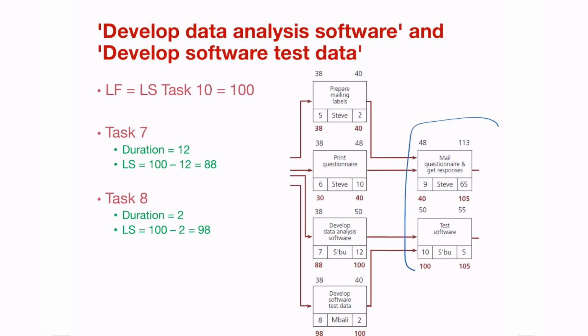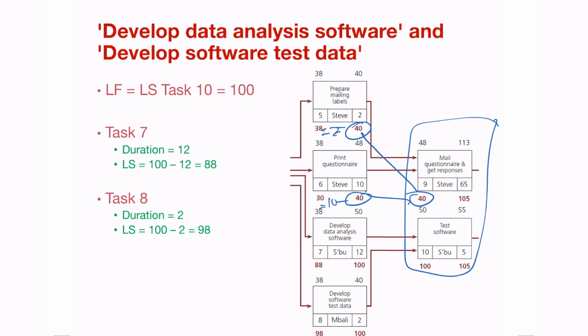Now these two activities split into two trees, which are preparing the mailing labels and printing the questionnaire, and we follow the same process. So on day 40, it takes 10, minus 10 equals 30, minus 2 equals 38.